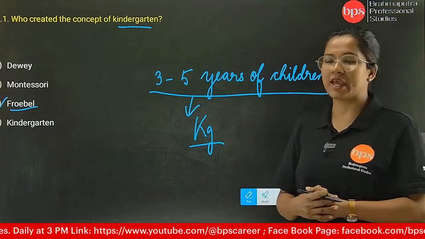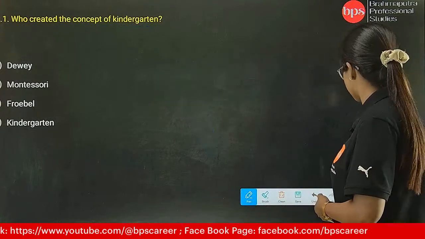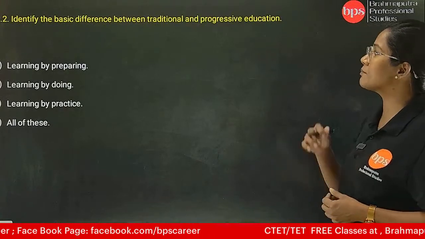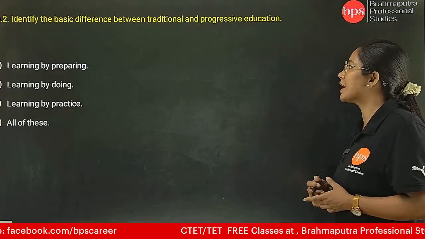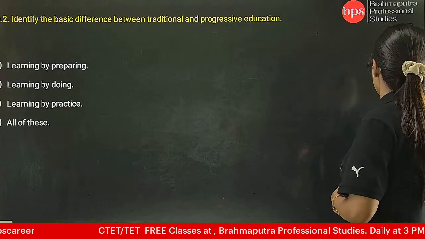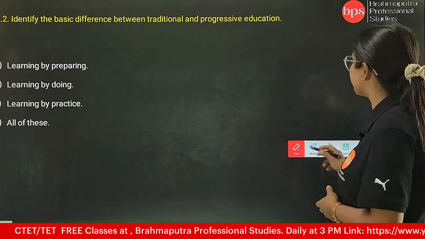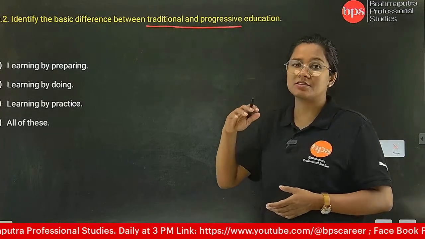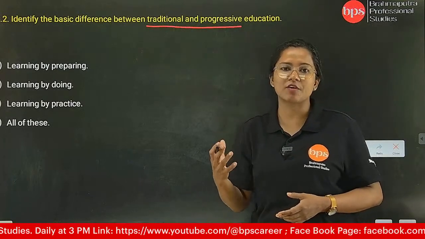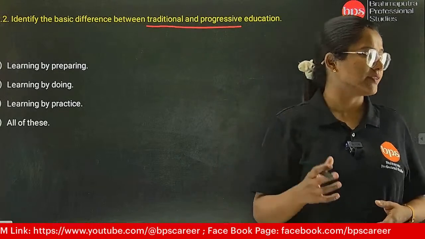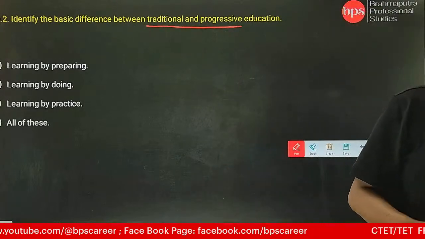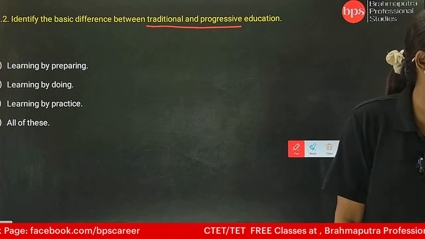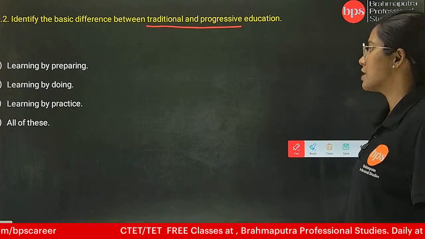Yes. Next we have the question: identify the basic difference between traditional and progressive education. Now, when we are speaking about the progressive and the traditional way of education, what we see? The concepts are learning by preparing, learning by doing, learning by practice, and all of the above.